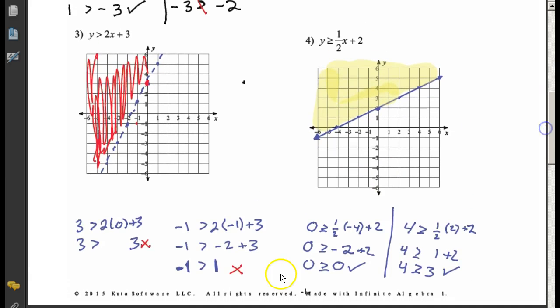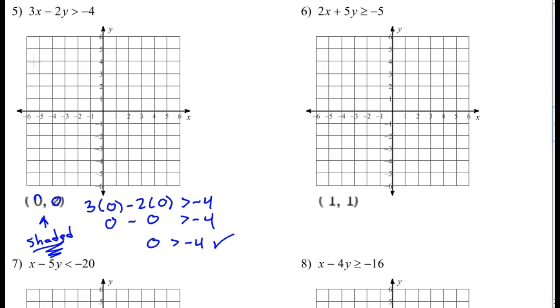All right. So let's go back and take a look at number 5. All right, so we already said that 0, 0 should be in the shaded area. And if we go through and do the steps, we'll have to subtract 3x on both sides. It's minus 3x on both sides, right?